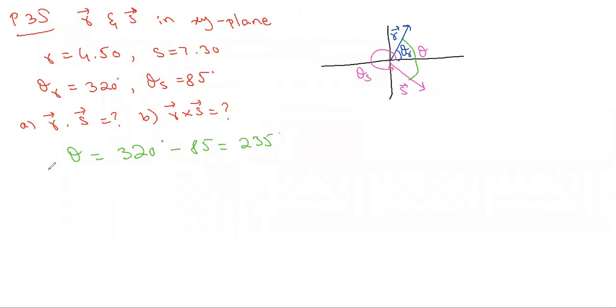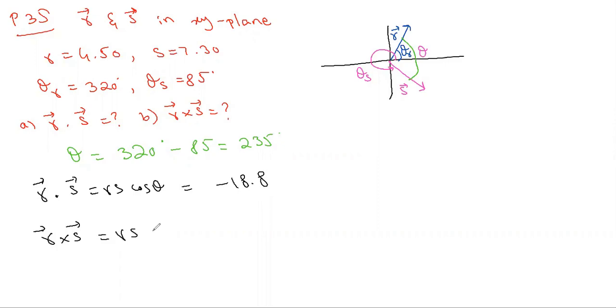So once we have theta, we can easily find r dot s, that is rs cos of theta. Just plug in the values and we'll get minus 18.8 as the answer. R cross s, rs sine theta n hat. Okay, so since both of these vectors are in xy plane, from the right hand rule you can find the direction of the third vector, that will be the positive z axis.